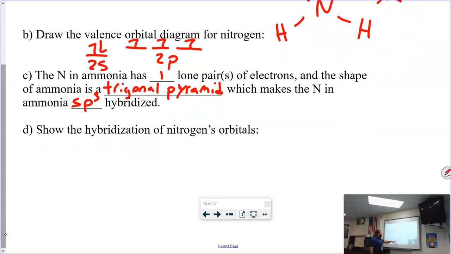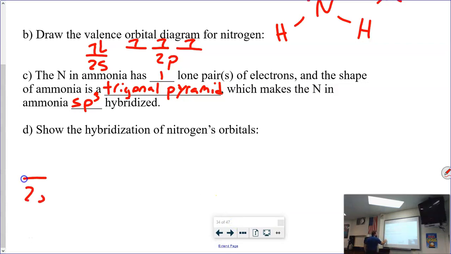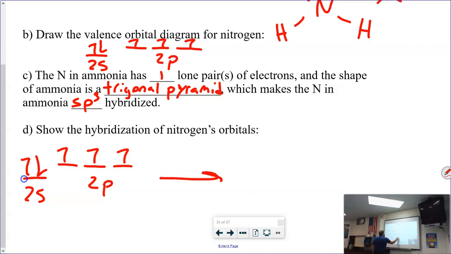Okay, show the hybridization of nitrogen's orbitals. Sure, we can do that. So again, this is what we did last week, Thursday. Here's where we started. I have 5 valence electrons for nitrogen. What I'm going to do is hybridize these, blend these. I'm going to blend all 4 of those, because it's sp3, right?